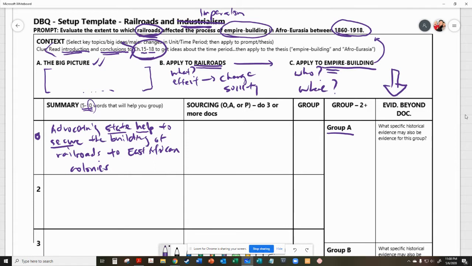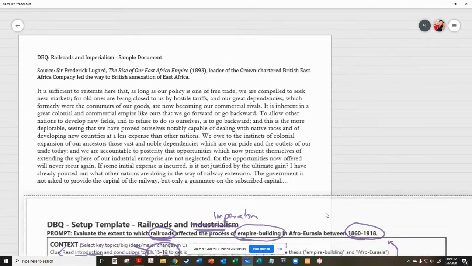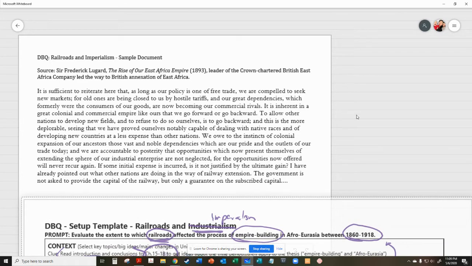Okay, and so the argument that can be made from this is really simple. Railroads provide access. So in some ways, you could take a look at this and say, this is access to the empires as a whole.